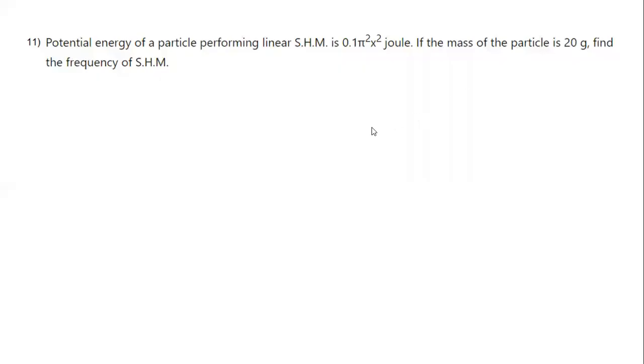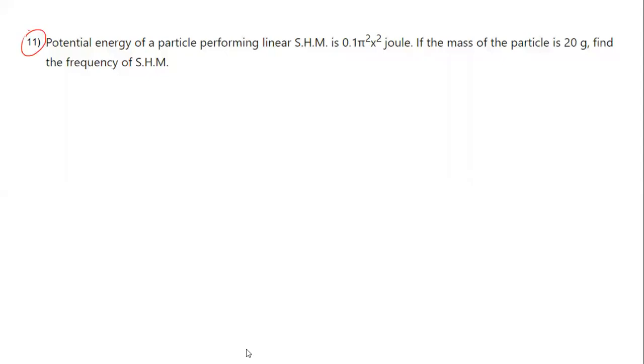Problem number 11 from the exercise. Potential energy of a particle performing linear oscillation is 0.1π²x² joule. The mass of the particle is 20 gram. Find the frequency of oscillation.